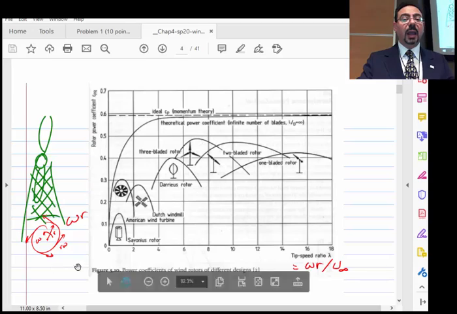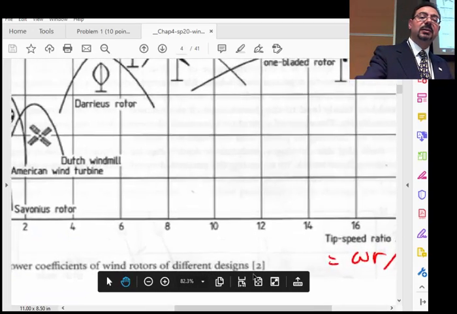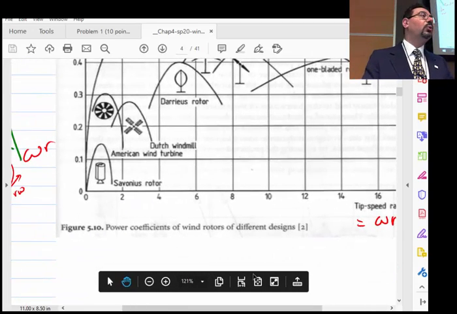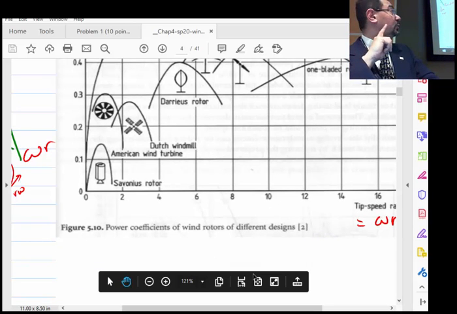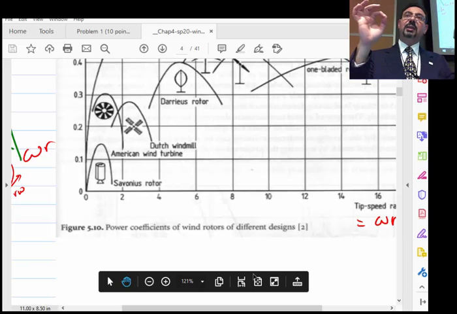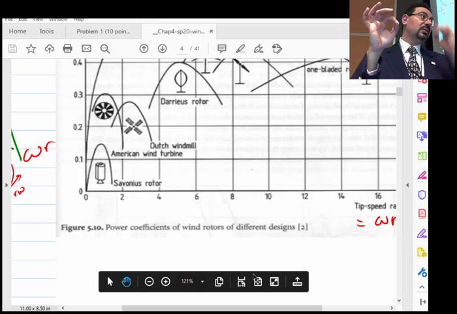And how about the drag-based machine? Can they move faster than the wind? Notice that this is just the tip, so the rest of the blade is moving slower than the tip, right?